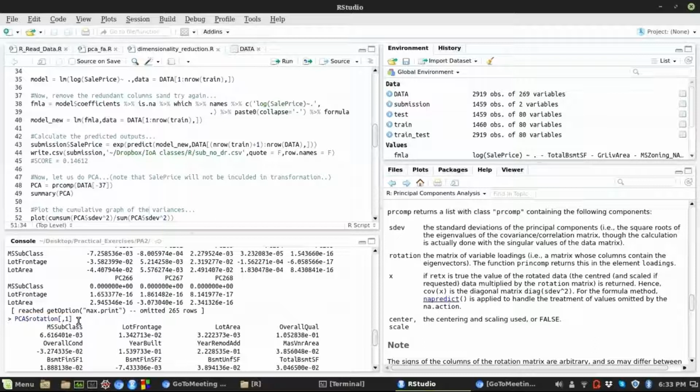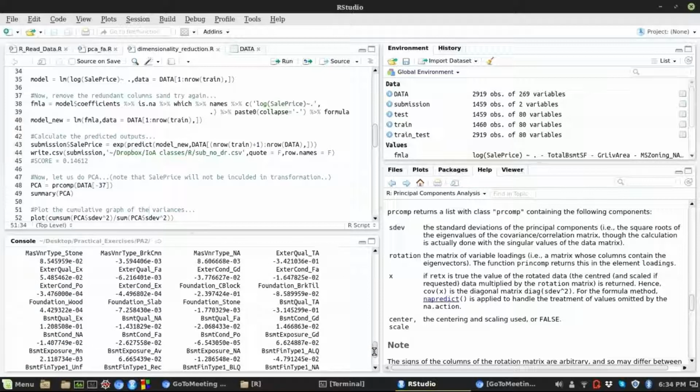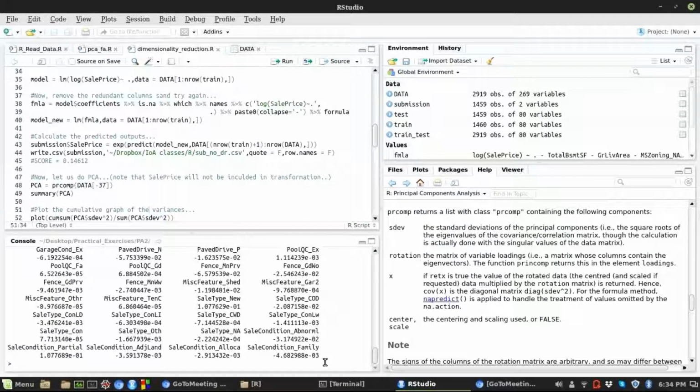Okay, so MS subclass, that is 6.616 times 10 to the power minus 3 times MS subclass, plus 1.34 times lot frontage, plus 3.22 times lot area. Something like that will give my PC1, is it? That's right. So this is the rotation matrix. It just rotates, taking linear combinations of the original variables to generate the principal components.